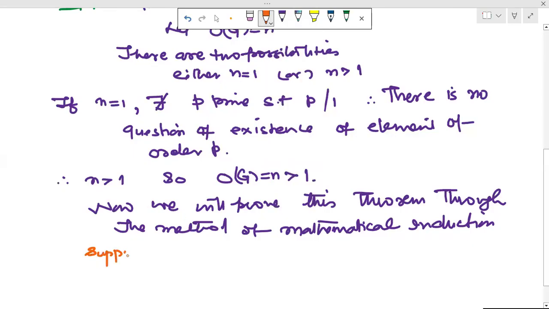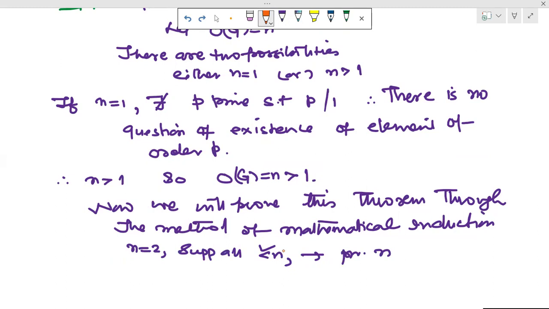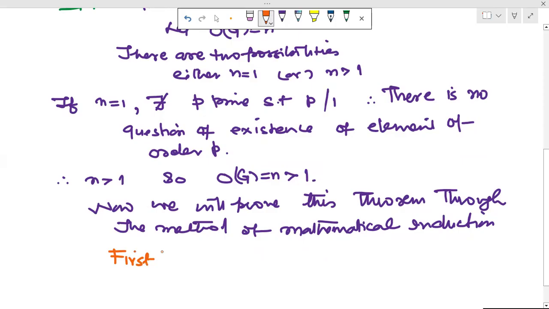First we will prove the result for n is equal to 2.